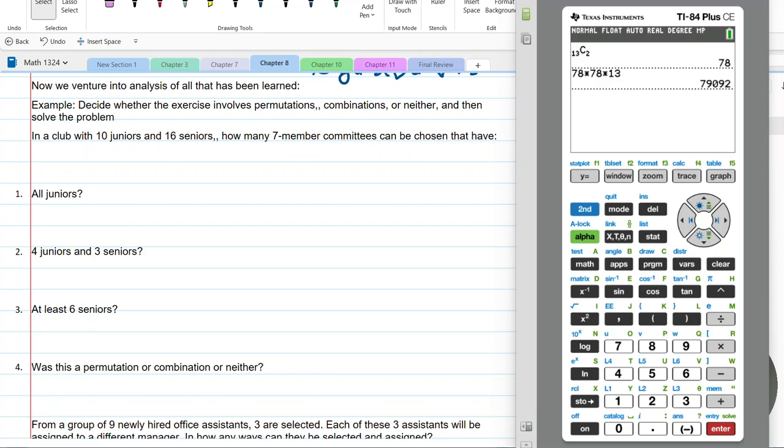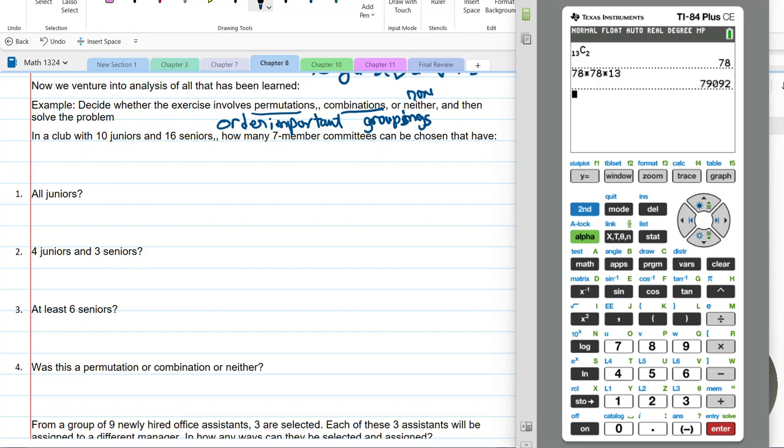Decide whether it involves permutation, order important, groupings, which is combinations, or neither. And then solve the problem.